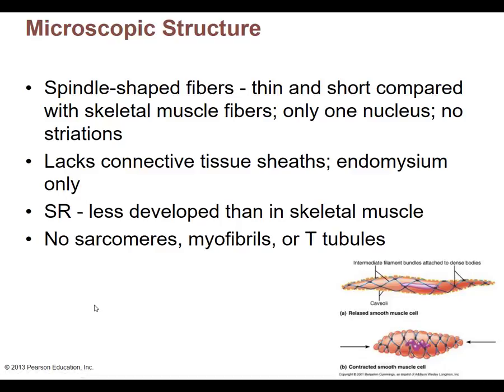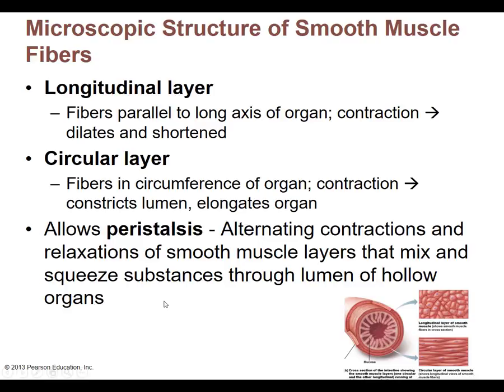Now, back to my longitudinal layer and circular layer. The longitudinal, again, goes lengthwise with the organ, so it's parallel to the long axis of an organ. When it contracts, it dilates and shortens. So when it contracts, it actually gets wider, and the whole muscle shortens.